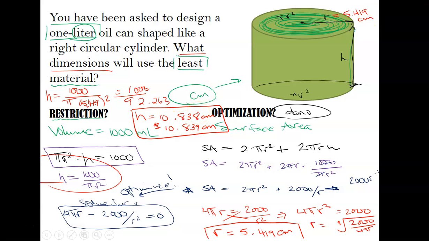It is worth noting that is basically a cylinder that has the same diameter as height, which is a little bit of a strange cylinder. We don't see a lot of cans shaped like that. Usually they're taller and thinner.